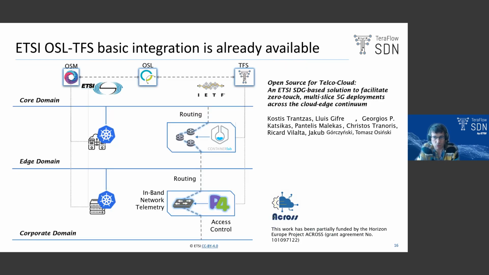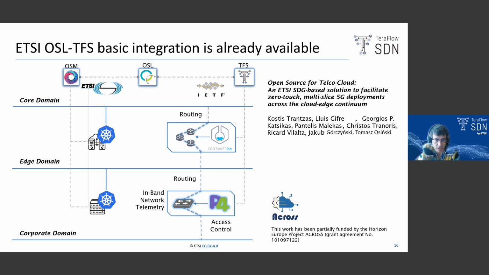One of the things I wanted to show is the integration that we have been working on together in a research project which is called ACROS, that focuses on having an open source stack for the telco edge cloud. We have a NetApp-based solution that facilitates zero-touch multi-slice 5G deployments across the cloud edge continuum.